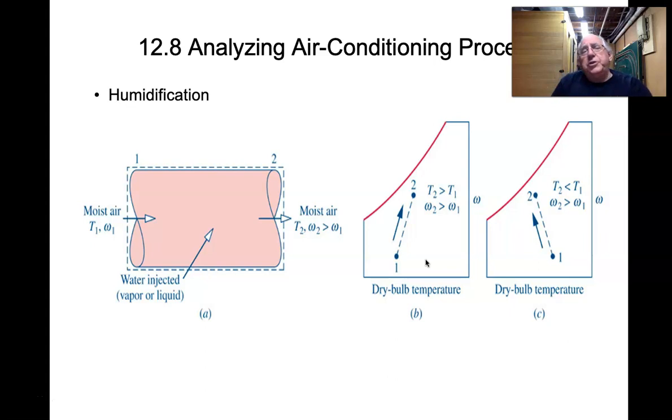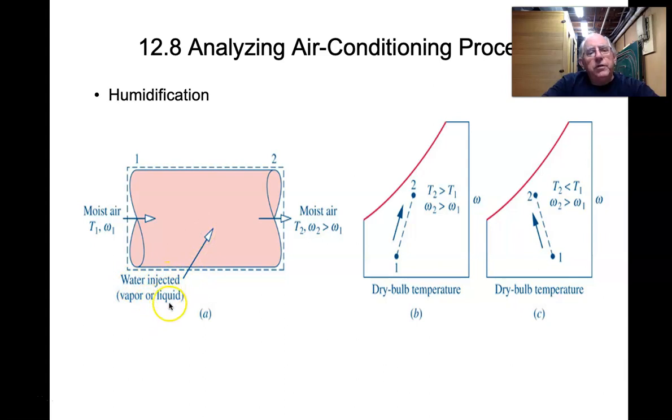If we want to do the reverse of that, if we want to add moisture to the air, we could come in with a moist air mixture at a temperature and at a humidity ratio value, and we could inject water. Now we could either inject liquid water or higher temperature vapor water.